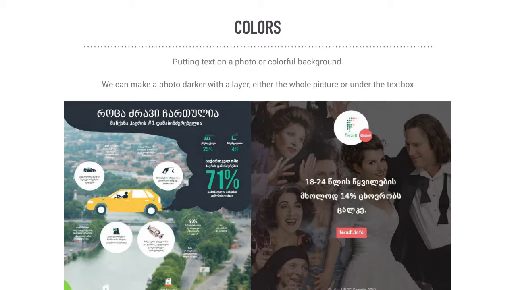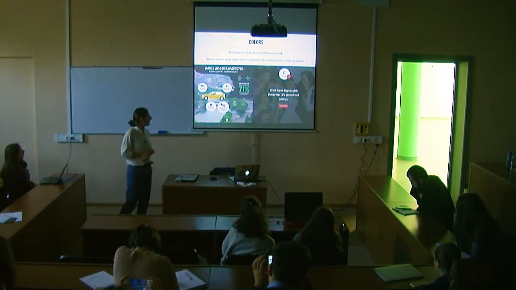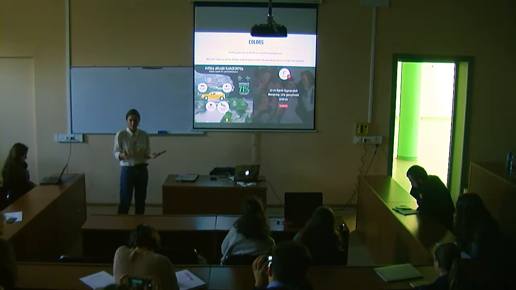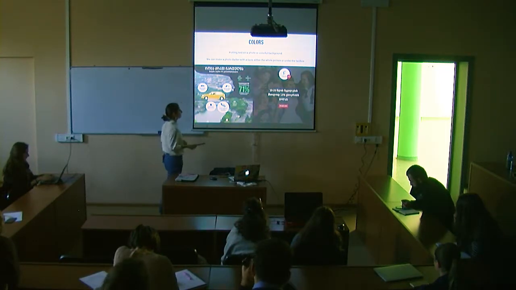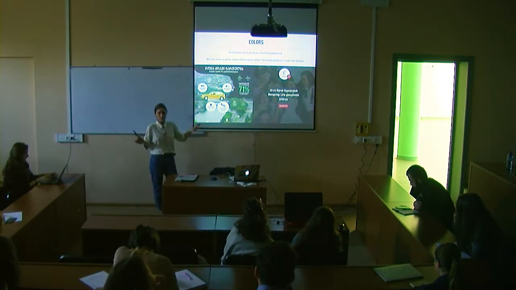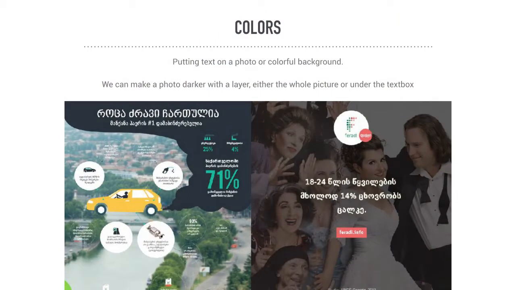And I want to show you some tricks for how to create contrast when we have text on images. It's a really famous problem in design to have images and need to put text on them. So one of the tricks to put text on a colorful image and to create contrast is to have some object on top of this image and to put text on it.